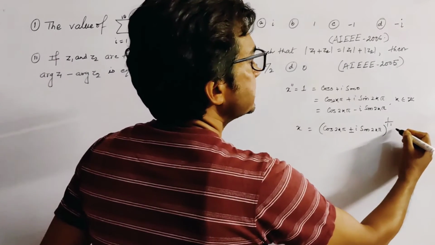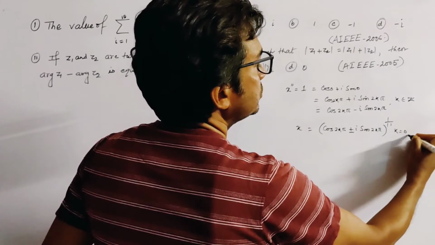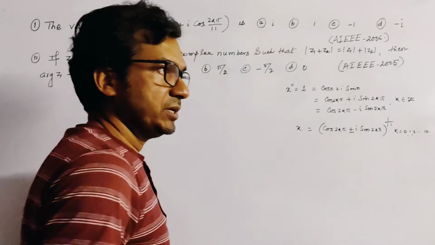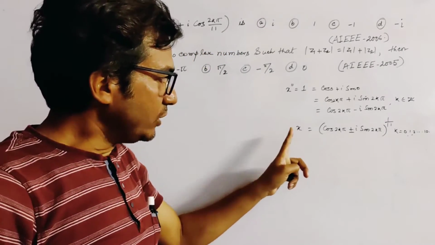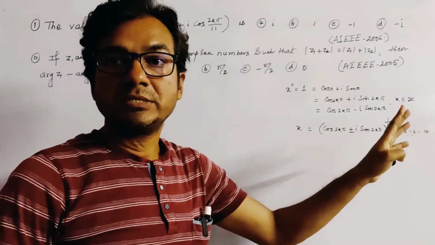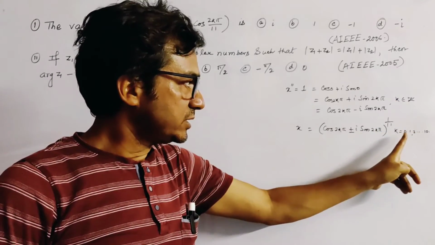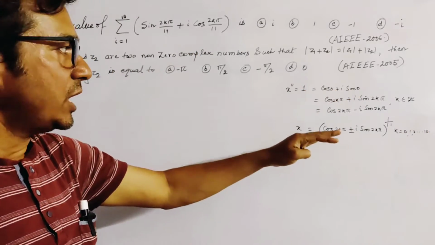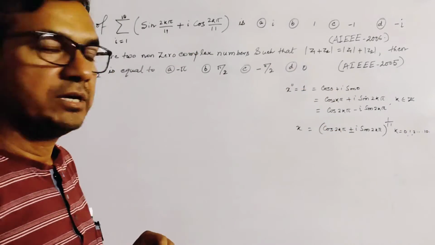Now k equals 0, 1, 2 up to 10, because the number of values of x is 11. So we get the value of k from 0 to 10. These 11 values are the 11th roots of unity.